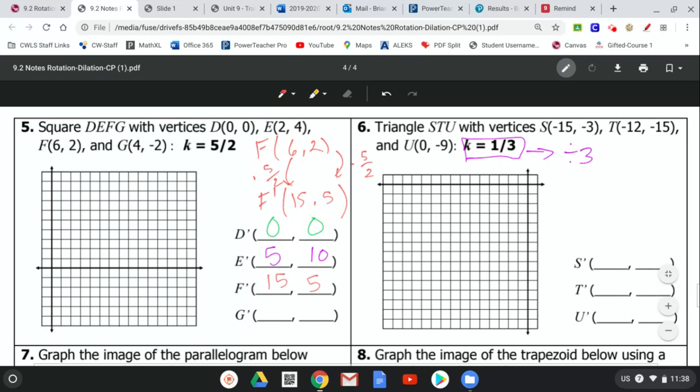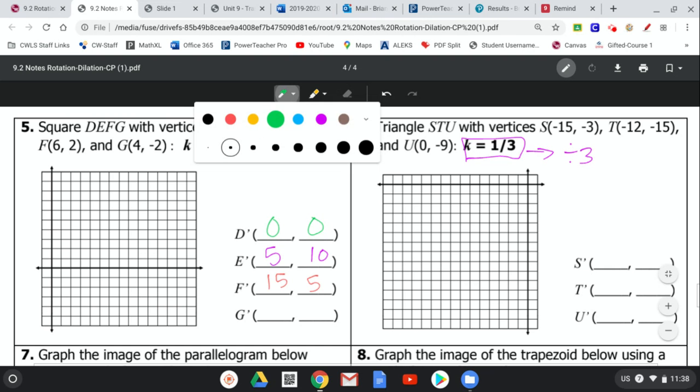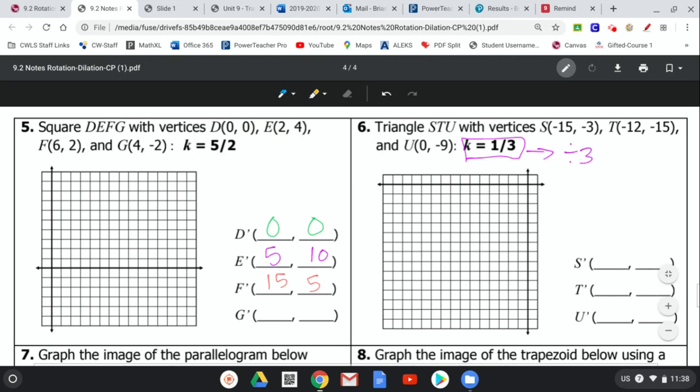And then for the last one, G, G is at 4, negative 2. So when we find the coordinates for G prime, all we're going to do is, again, multiply by 5 halves and multiply by 5 halves. So when we do that, for G, we're going to get 10, negative 5.